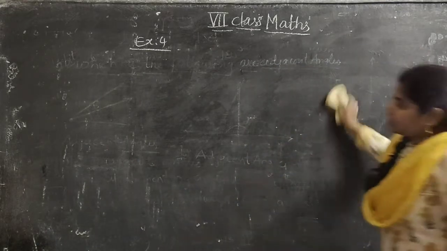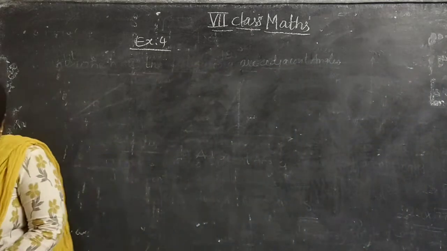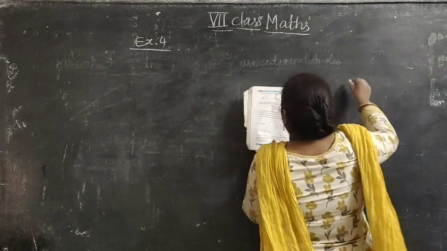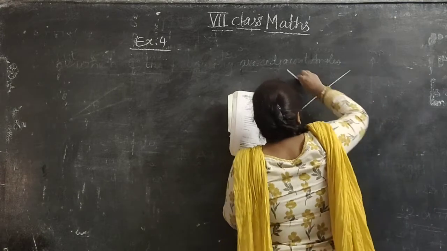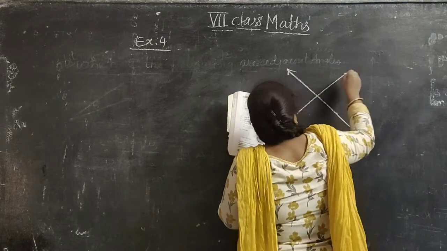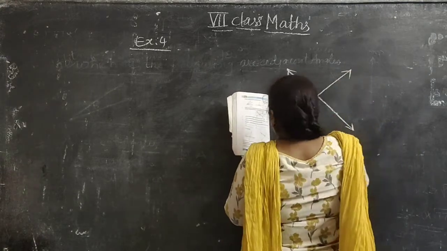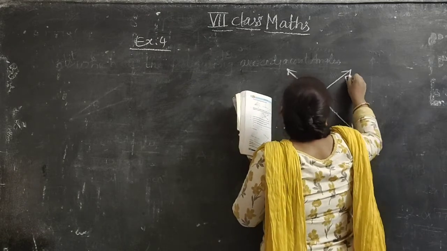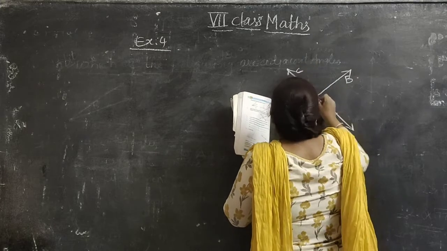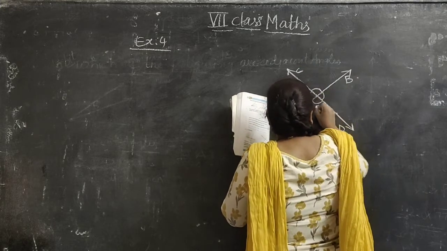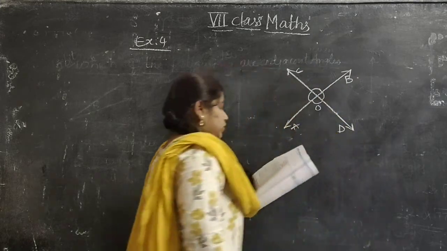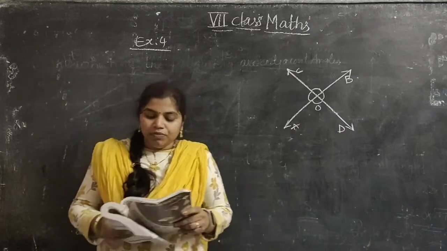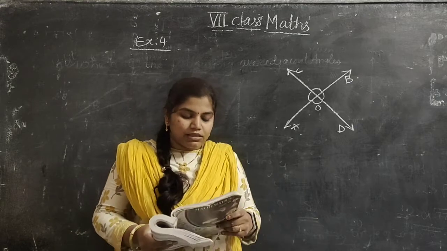So this is the figure. What is the question? Name all the pairs of adjacent angles in the figure. How many pairs of adjacent angles are formed?